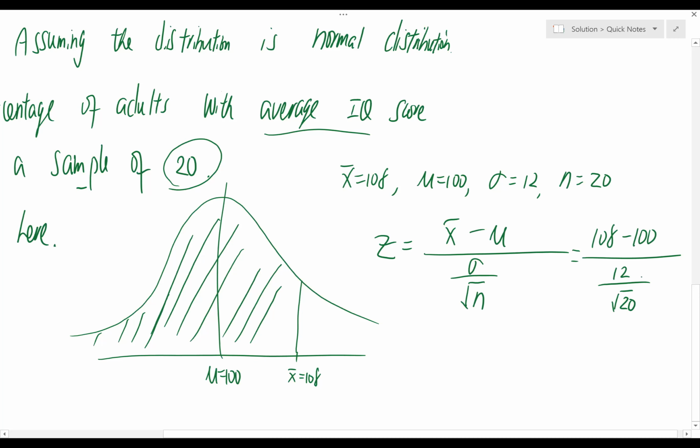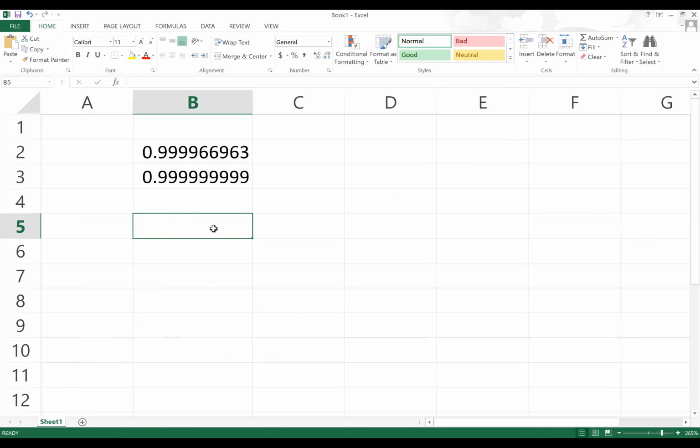Now I'm going to show you how to do this in Excel or the calculator. They have the same input. Let's go back to Excel. A lot of students make mistakes in the statistical analysis class, so I just want to make sure you get it right.